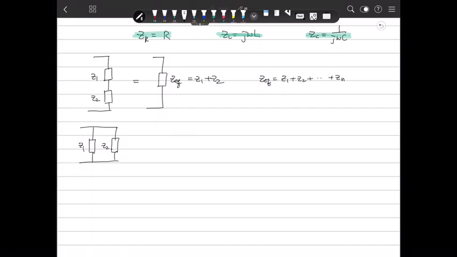Then this is the same way: the equivalent Z_EQ is expressed as in parallel resistors. Remember, it's 1 over Z1 plus 1 over Z2, inverse. That is it.